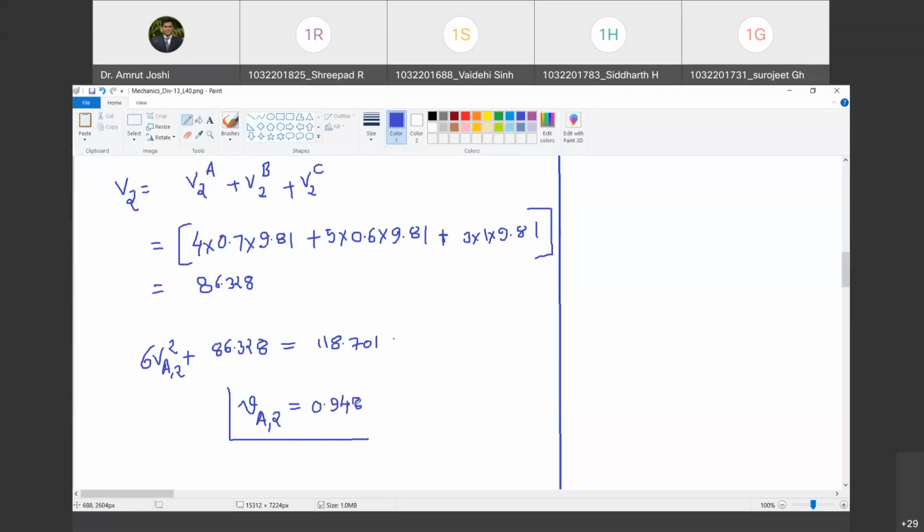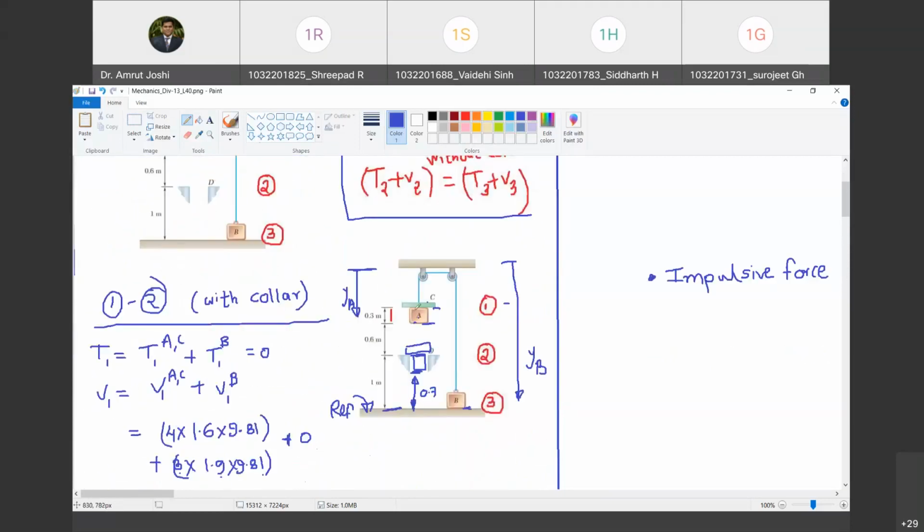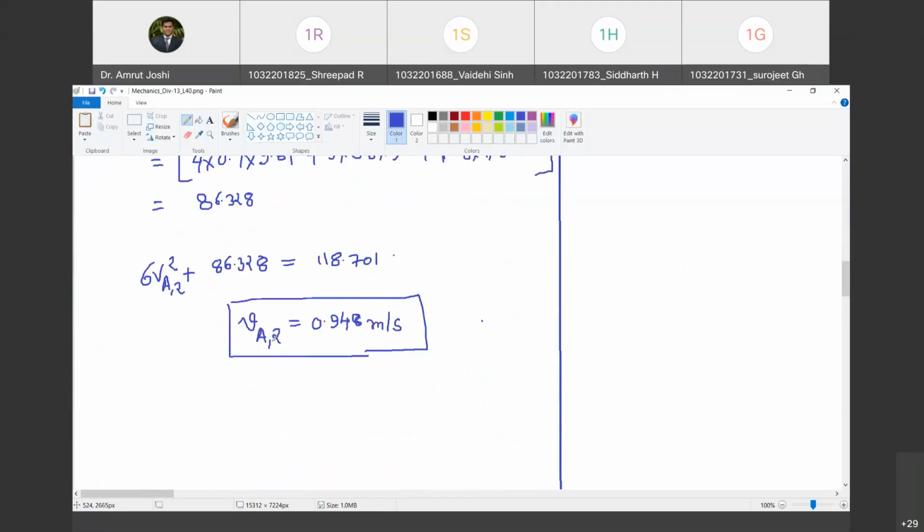Please do the calculations. If there is a mistake, please let me know. Yes, that's correct. So when block A has reached this position, collar C is about to get separated from block A. At that time, the velocity of block A is 0.948.